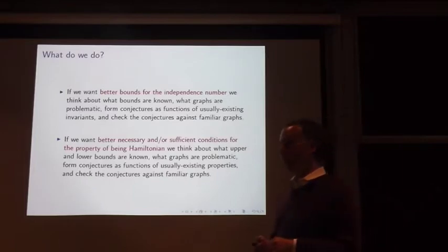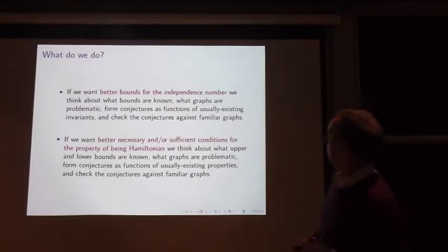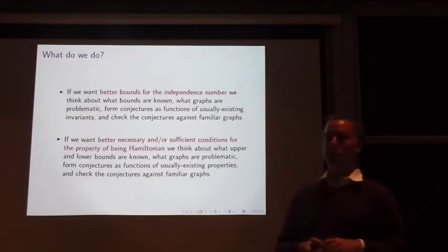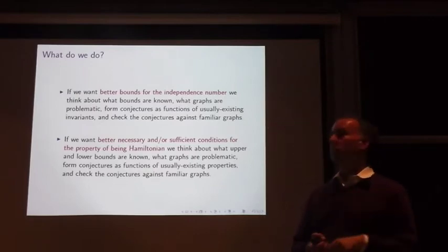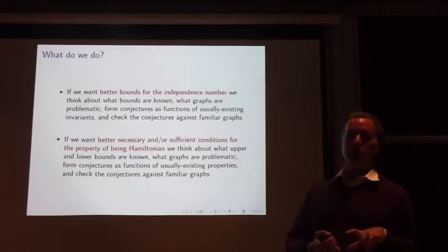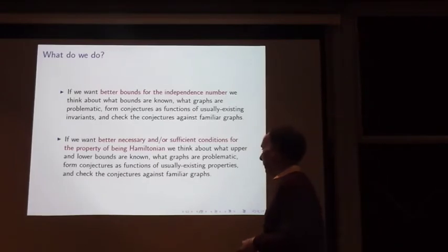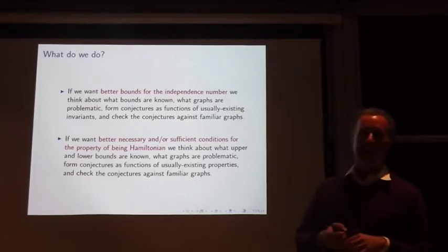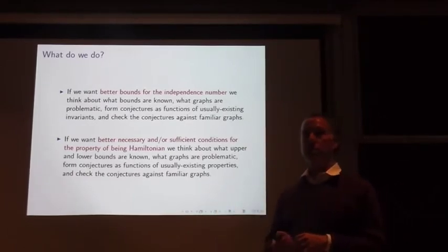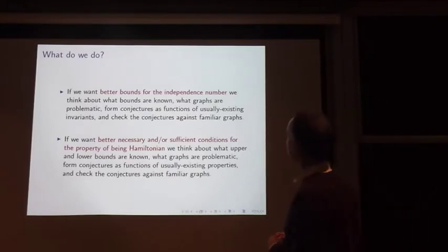What are the known necessary and sufficient conditions? What are the known theorems of this type? What are the graphs that are Hamiltonian, that aren't touched by any of these theorems? And then you might formulate your own necessary condition, usually in terms of already existing properties, but maybe you'll make up your own along the way.